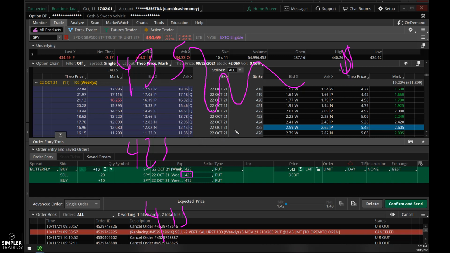You just won't make as much money as you would if it went to that exact target. So this is a good way to have a super low cost butterfly spread where, hey, if the market goes down and retests the lows in the next 11 days, how could you make money? This is how you could do it.